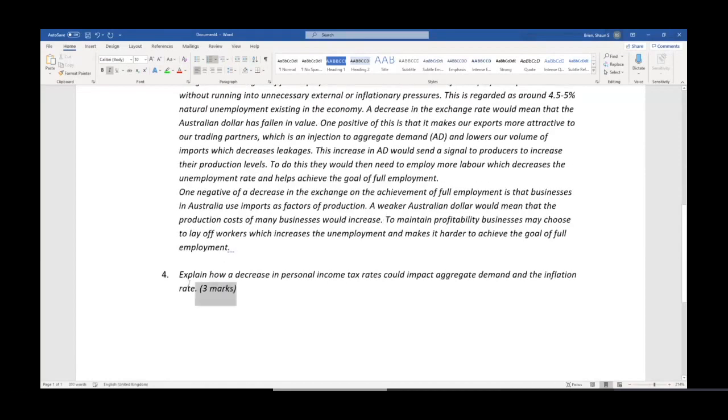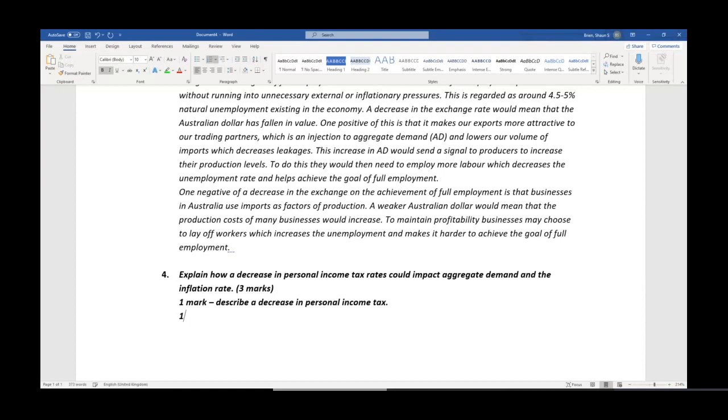Then this last one, explaining how a decrease in personal income tax rates could impact aggregate demand and the inflation rate. This one's a little bit simpler than the one before. Firstly, you're describing what a decrease in personal income tax would mean. Not too bad. You talk about how that would increase people's overall disposable income.